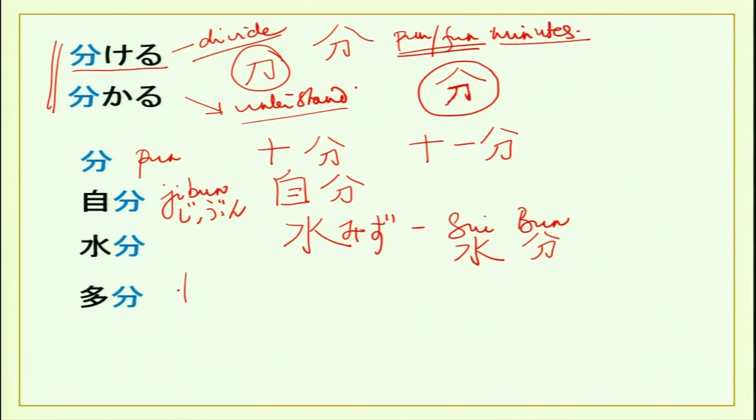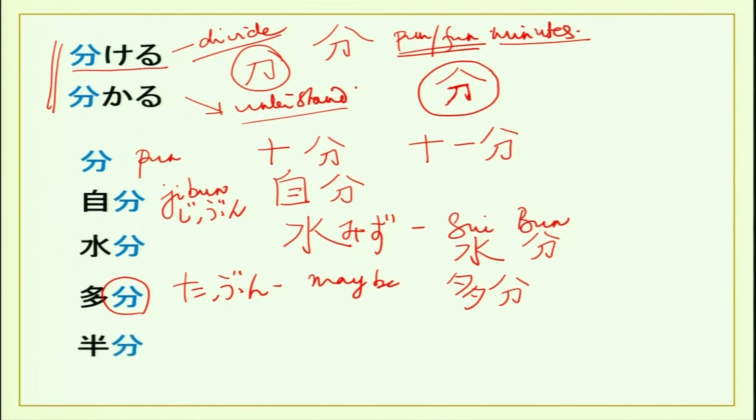Then you have tabun, maybe. Suibun is humidity. So, tabun is like this, tabun. Just concentrate on this one. All these other characters we will do some point during our lectures.